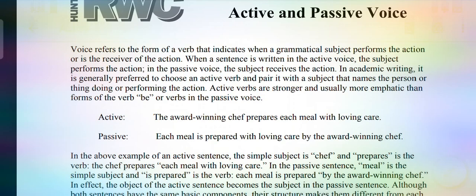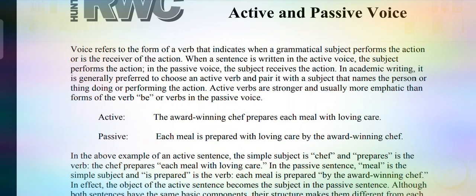Firstly, I'll let you know the definition that has been given on the screen before you. Voice refers to the form of a verb that indicates when a grammatical subject performs the action or is the receiver of the action. When a sentence is written in the active voice, the subject performs the action.